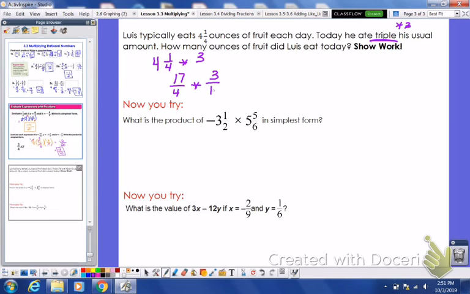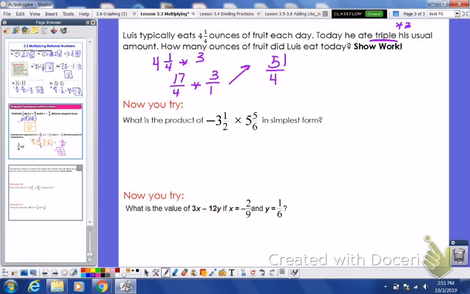Now there is no simplifying on this one, just going to have to multiply straight across. So I'm going to kind of follow the arrows here, since we didn't have a lot of space. 17 times 3 is 51. 4 times 1 is 4. They don't simplify, like we can't divide by 2, we can't divide by 4, etc. However, we never leave them as an improper fraction, especially since it's a word problem.